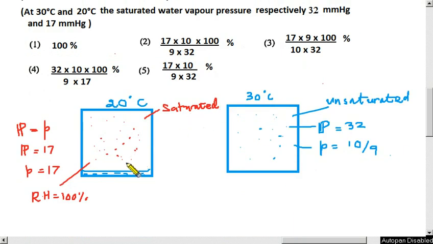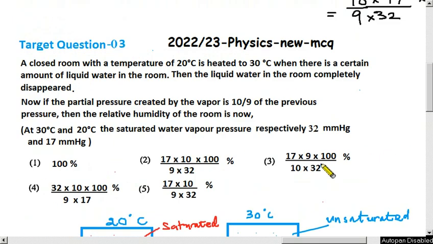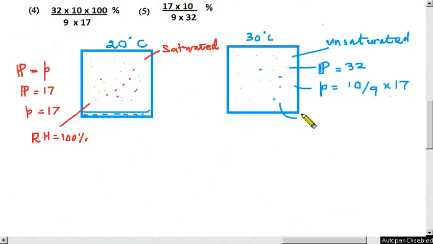Previous pressure was 17, so 10 divided by 9 times 17. Then the relative humidity of the room is now what they want us to find out.